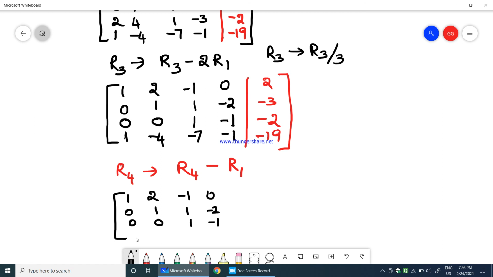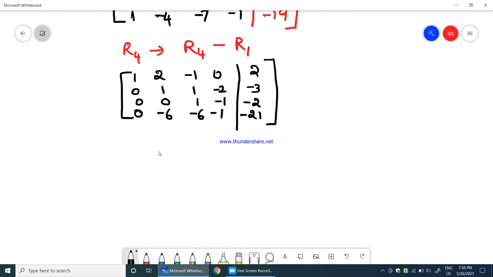So here 1 minus 1 is 0, minus 4, minus 2, which is minus 6, and then minus 7 plus 1 is again minus 6, minus 1, minus 0, so minus 1, and this will be 2, minus 3, minus 2, minus 19, minus 2, which is minus 21. Okay.